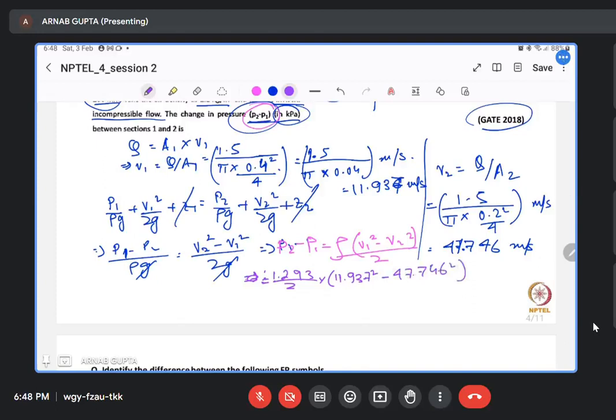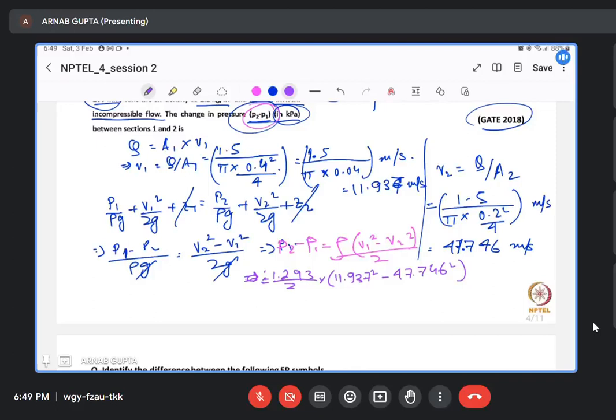What will be the answer? 11.937 square minus 47.746 square divided by 2 into 1.293.